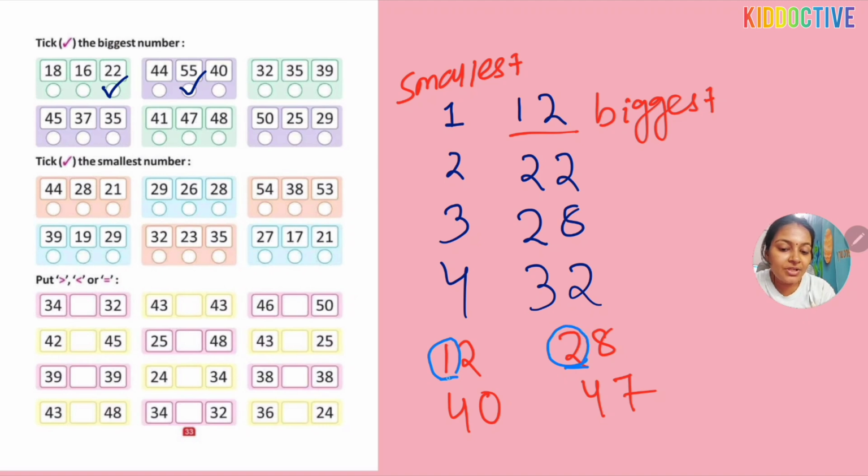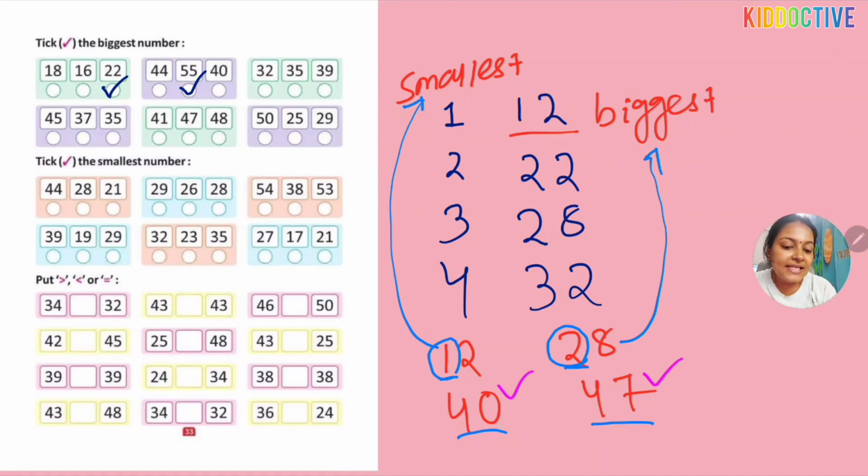Here in 12 the number is 1 and here in 28 the number is 2. 1 is more or 2 is more? 2 is more. That's why 28, starting with 2, is the biggest number and 12 is the smallest number. Okay. If the numbers are starting with the same number, then we are going to check the second place.